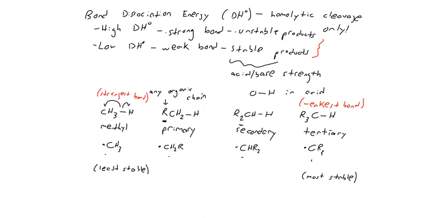And this is supported by empirical data that we can collect. We can measure the strengths of these bonds, how much energy it takes to break them, and it does indeed agree with this. It shows us that the tertiary radicals are the most stable, and they have the weakest CH bonds, and something that's methyl has the strongest CH bond and the least stable radical. So you're probably wondering why is that the case?